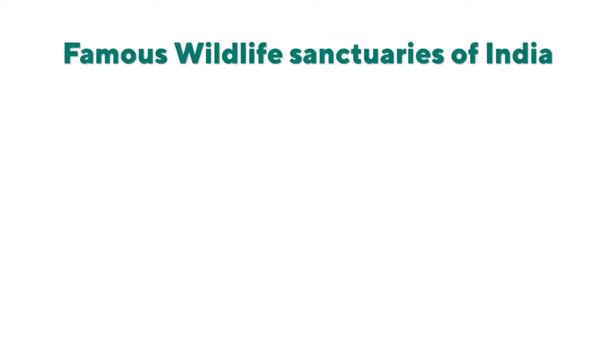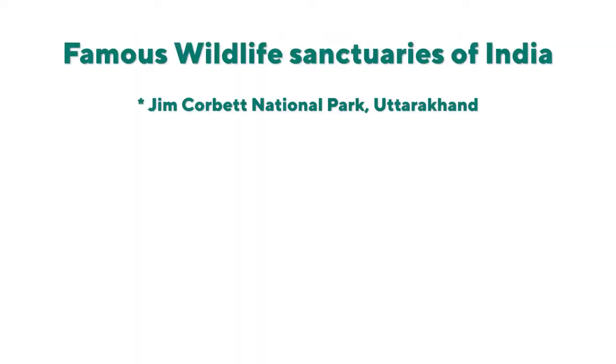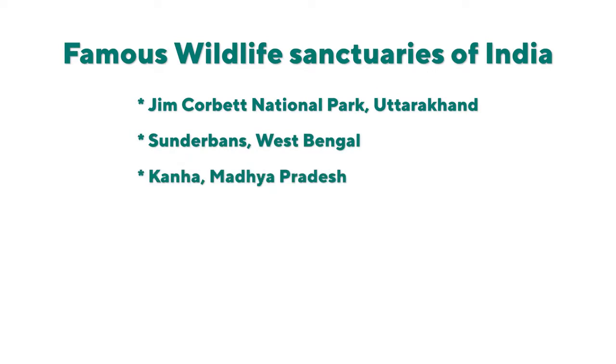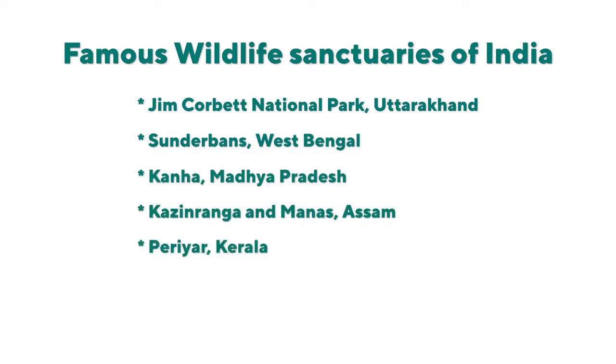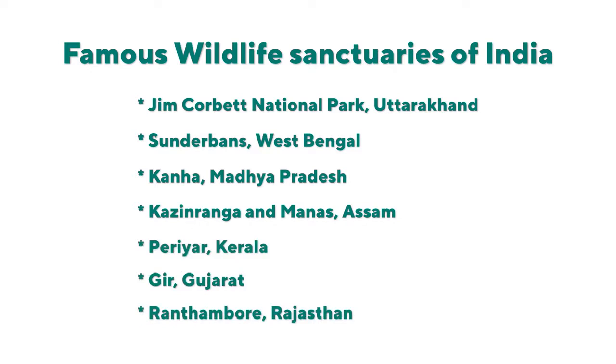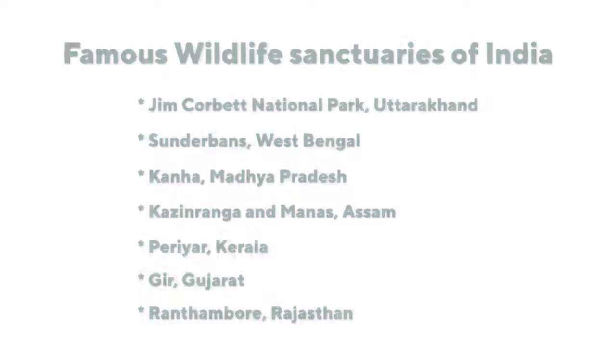Some of the famous wildlife sanctuaries are Jim Corbett National Park in Uttarakhand, Sundarbans in West Bengal, Kanha in Madhya Pradesh, Kaziranga and Manas in Assam, Periyar in Kerala, Gir in Gujarat, Ranthambore in Rajasthan. A lot of animals like lions, tigers, leopards, rhinos, elephants are all preserved and protected in these sanctuaries.